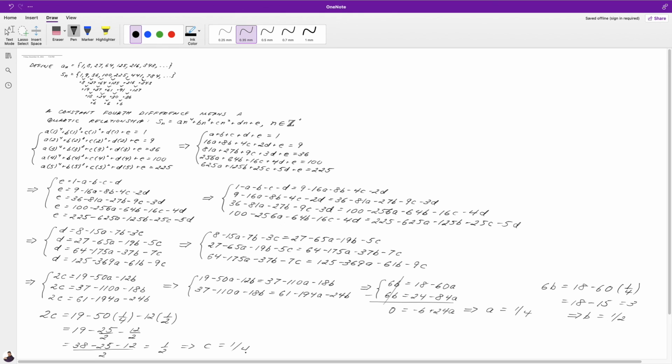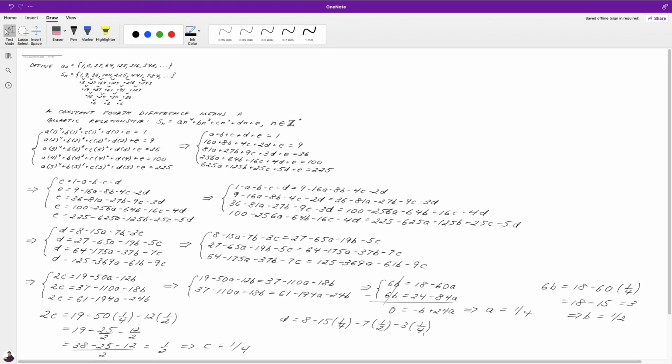Convenient. Okay, so we found A, we found B, we found C. Let's now find D. Again, taking the path of least resistance, we'll use this top equation here. So we've got D is equal to 8 minus 15 times A, minus 7 times B, and then minus 3 times C. Okay, let's make sure we plugged everything in there correctly.